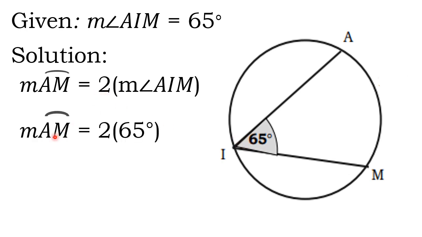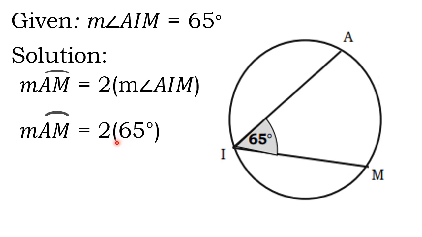By substitution, the measure of arc AM is equal to 2 times 65 degrees, the measure of angle AIM. By the way, where did we get this 2? We get this 2 from the theorem that the measure of the intercepted arc is twice the measure of the inscribed angle. That's why we have 2 here. It's based on the theorem.